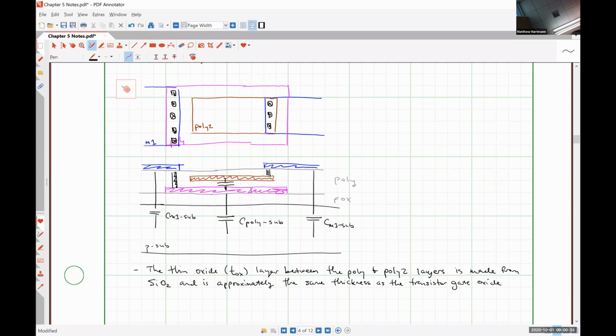Which I believe, I don't have the number in front of me, is on the order of, at best, a couple of nanometers. It's very, very small.